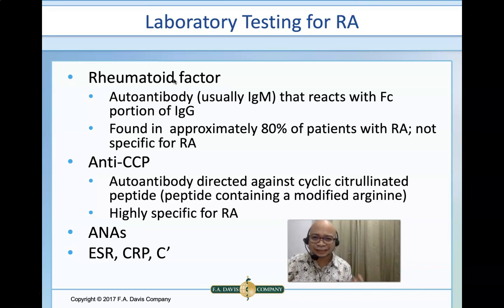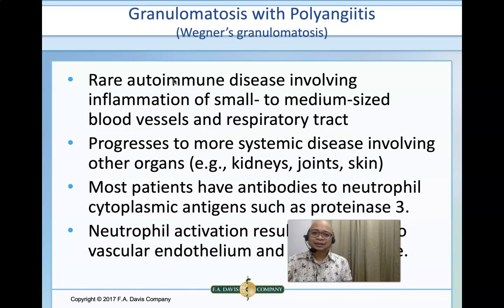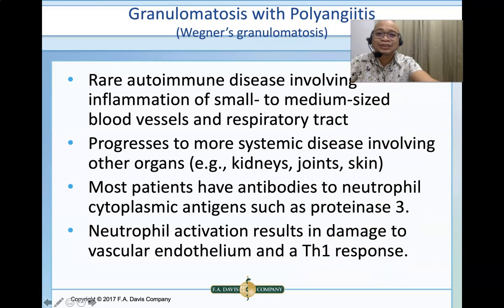Now remember, generally speaking, complement, such as C3, is decreased in cases of autoimmune diseases. Okay, so another example of autoimmune disease is granulomatosis, let me say that again. Granulomatosis with polyangiitis, otherwise known as Wegener's granulomatosis.